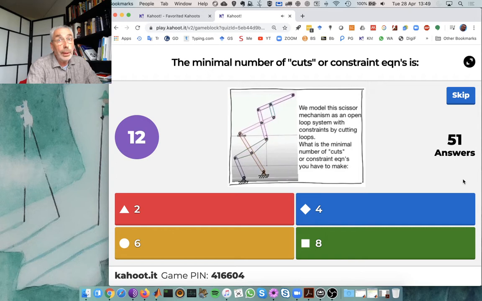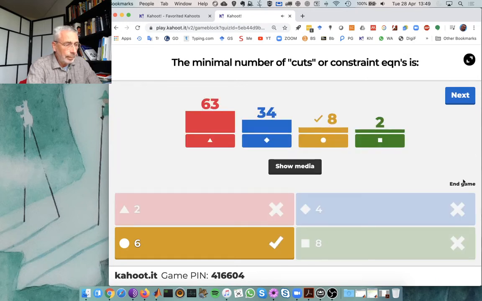You have to answer now. Aha. So we need some feedback here, right? Because there's a little minority which has the correct answer and the rest is completely wrong.